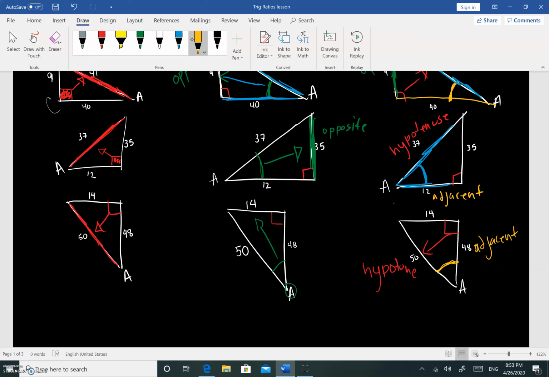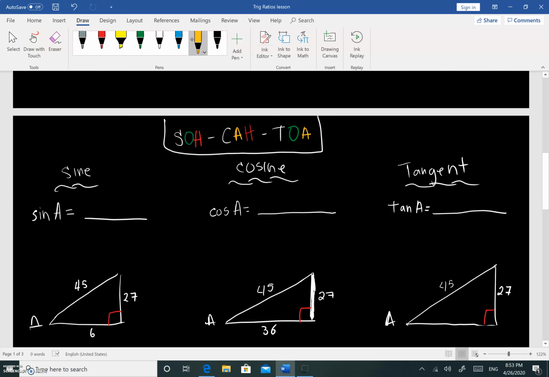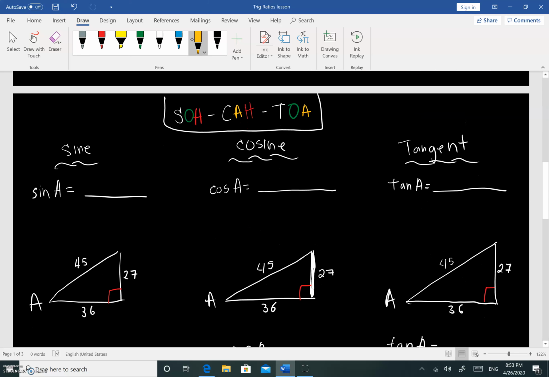So now this is going to help us to figure out what SOHCAHTOA is. SOHCAHTOA is an acronym for the three different trigonometric ratios that we're going to learn. The first one is sine.